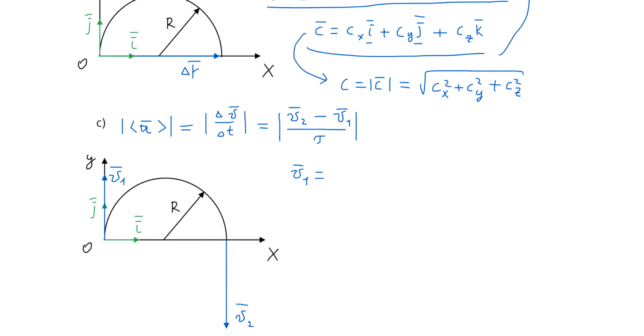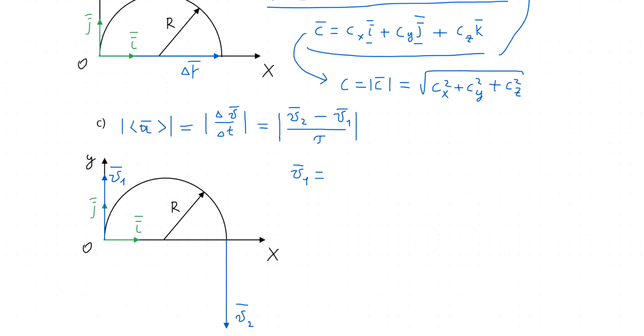Okay, so vector v1 is directed vertically to the top, along axis y. So it has only a vertical component.